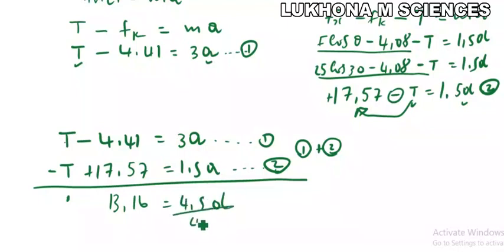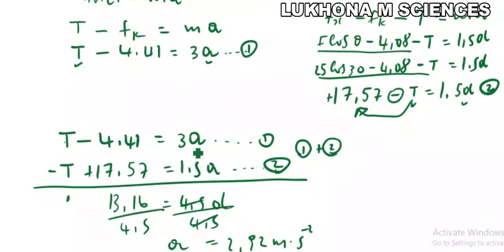Then we divide by 4,5 on both sides. Then we get the acceleration, 13,16 divided by 4,5, which is 2,92 meters per square second. That is the acceleration, but the question said calculate the tension.